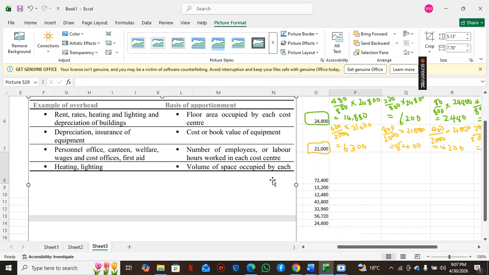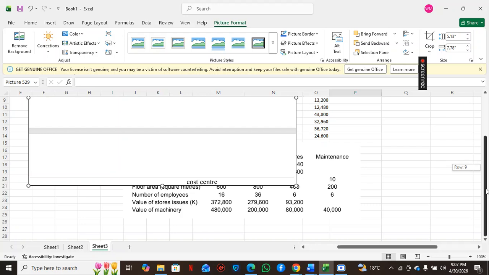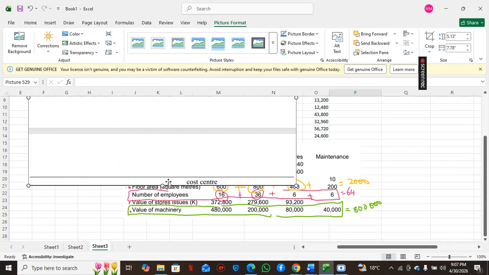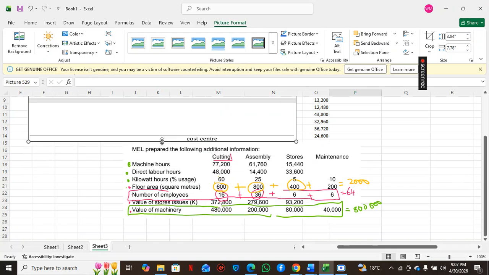Security and floor area. Mr. Emmanuel, if you look at these other ones, floor area looks like the closest thing that can be attached to security.